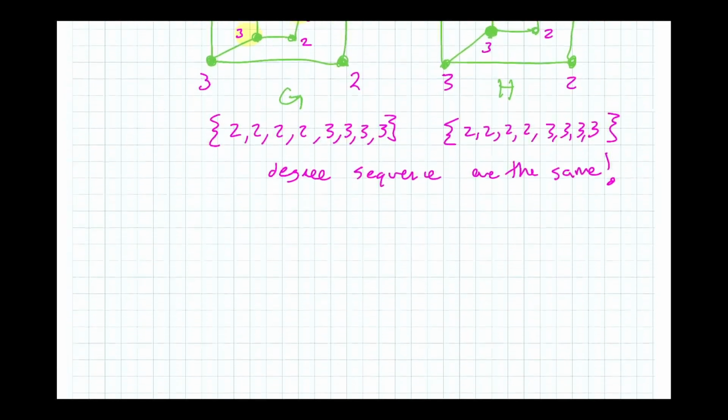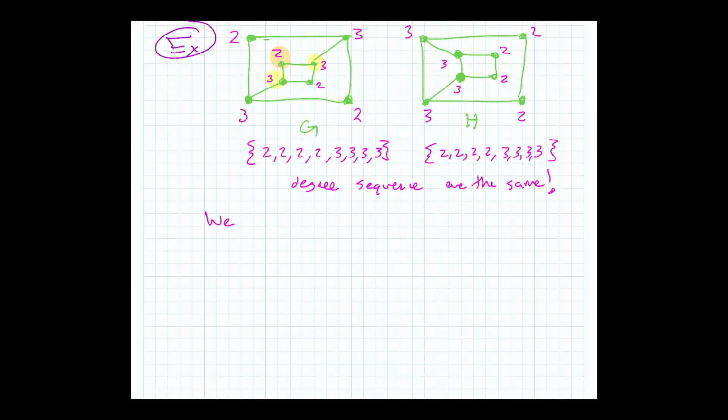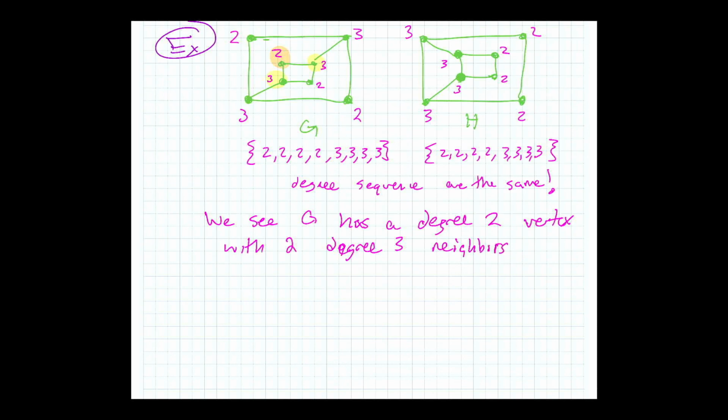So I notice that and say, we see G has a degree 2 vertex with two degree 3 neighbors, but H has no such vertex. So G and H are not isomorphic.